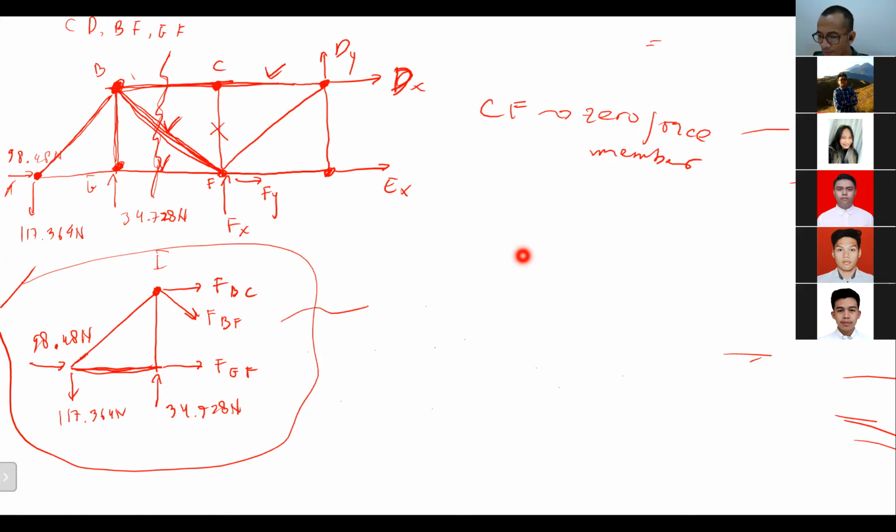Yes, of course we can solve it because we have equations for each free body diagram. We have sigma Fx equal to 0, sigma Fy equal to 0, and sigma moment equal to 0. Three equations, three unknowns, can we solve it or not? Yeah, I think. Not I think. Yes, you can. Okay. Now let's try to solve it together.